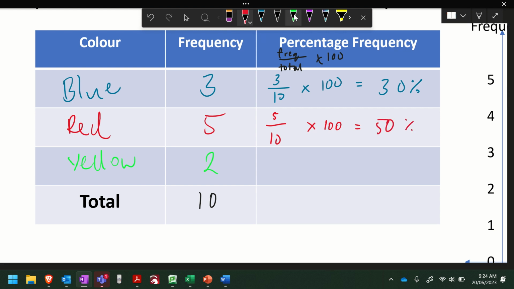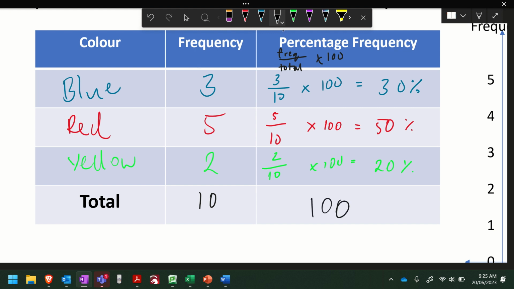And then for yellow, you've got a frequency of 2. Then you divide. Look at the formula if you forget it. Divided by the total of 10, and then times by 100, and that gives you 20%. Now, mathematically, what should the total be percentage-wise in the bottom? It should be 100%.